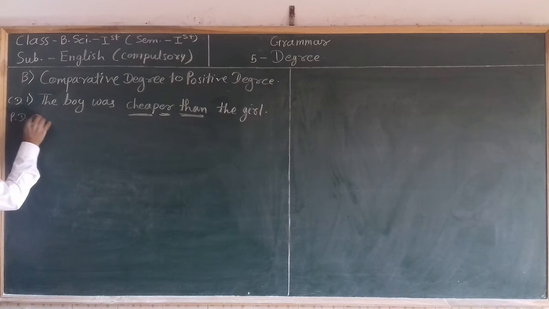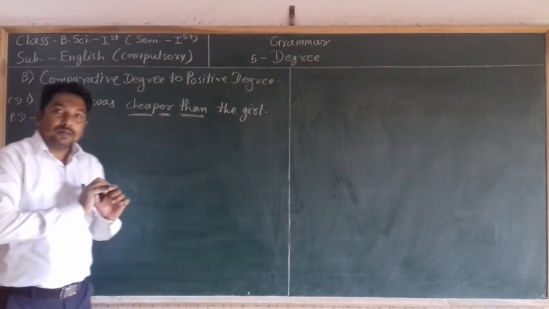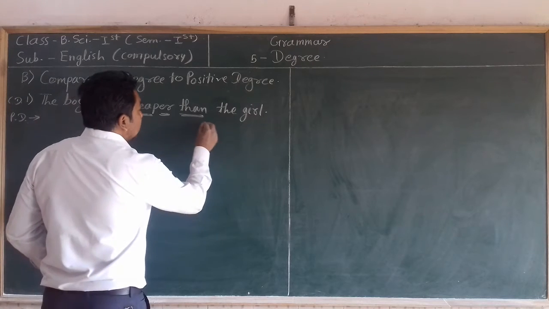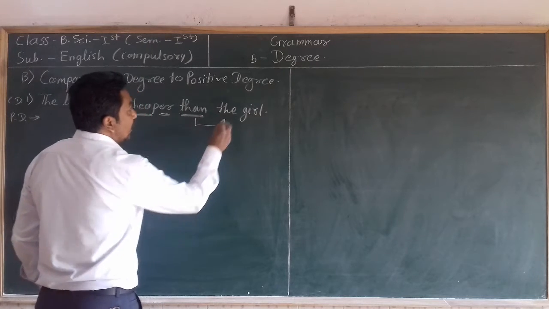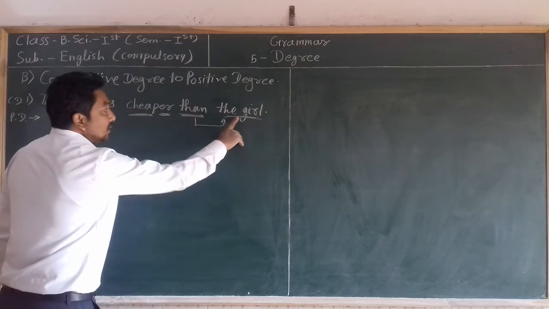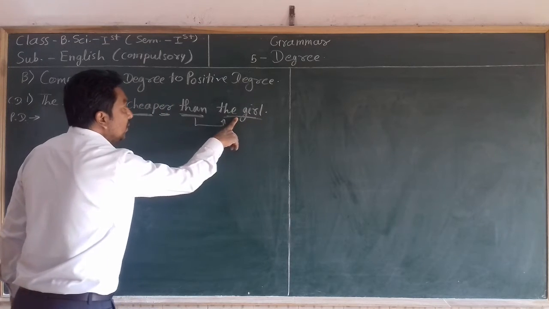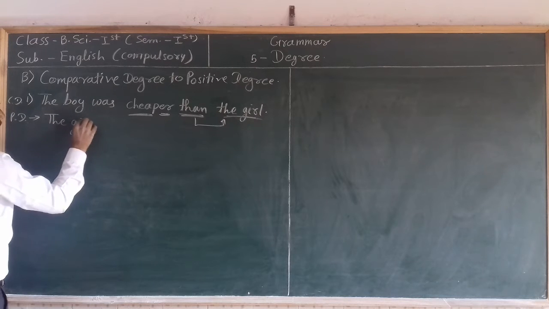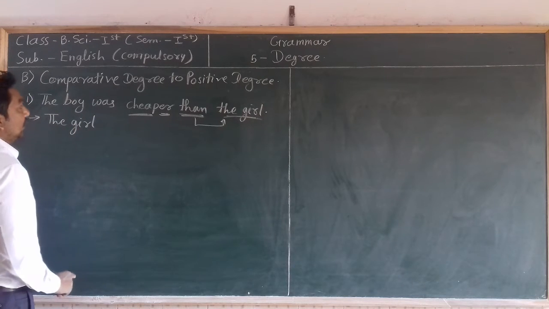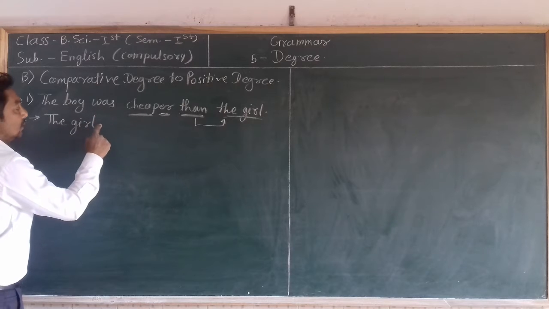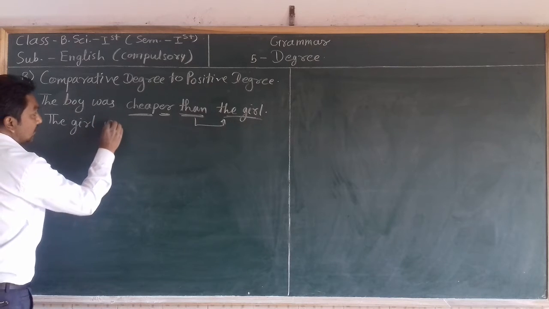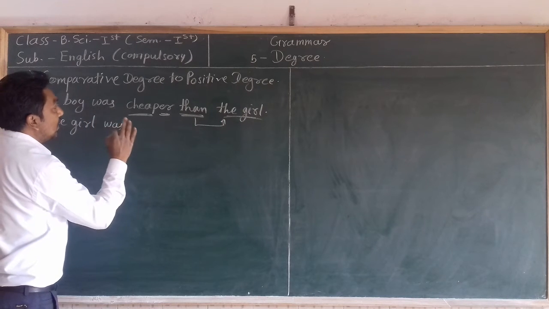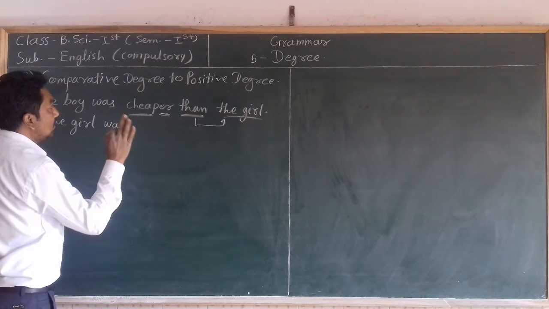So look at here. All the rules are same. First see what is given after than. There is given the girl. This is the object of comparative degree. Take it as the subject of positive degree, the girl. Then take the helping verb as it is. Then see if after that there is given not, no, never, this kind of words or not.